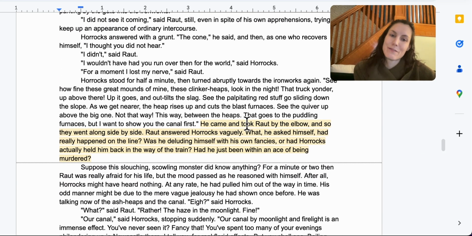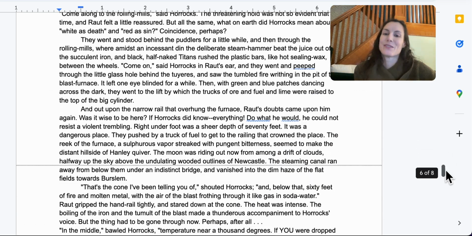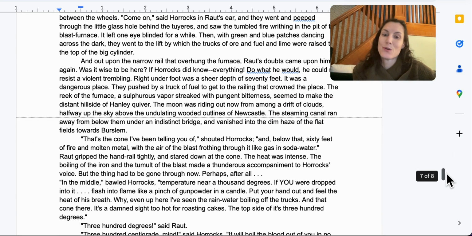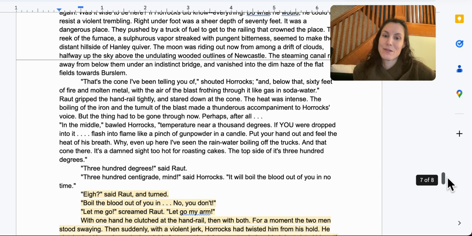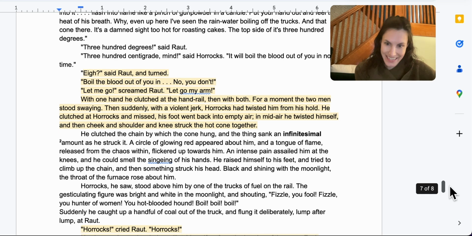So more of Mr. Rout's point of view, we're learning that he's starting to get suspicious. So that would definitely be building more suspense for the reader. What is going to happen here? And more suspense, we also get Horrocks' point of view about basically how angry he is.